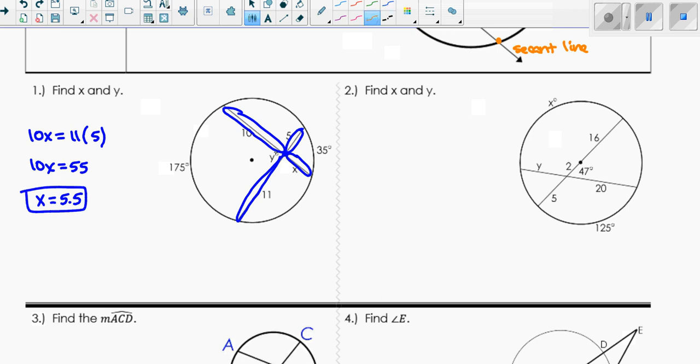Notice that y is an angle, and it's from the intersection of those chords. Notice that that angle opens up on both sides, because they're vertical, remember. Opens up to this arc, and this arc. Since this angle is inside my circle, I will be adding them. So I want to take half of 175 plus 35, and that will equal y.